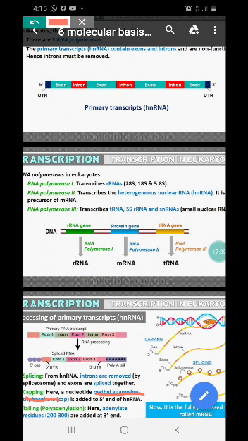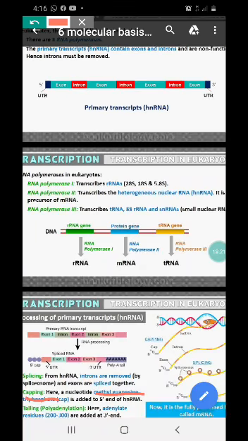Okay, and the tail end. Tailing means at what end? The 3' end. At the 3' end, nearly 200 to 300 adenylate residues are added. Okay, now when all these 3 processes are complete, the hnRNA becomes processed, transformed into mRNA, messenger RNA, because now it contains the message.